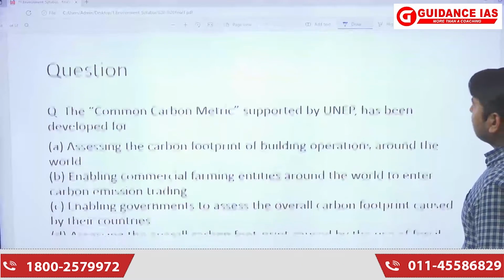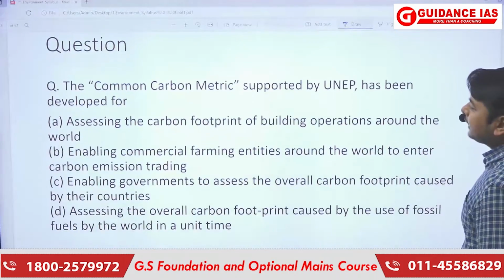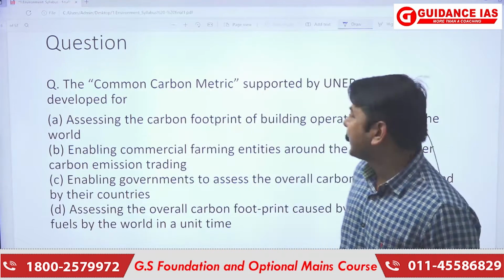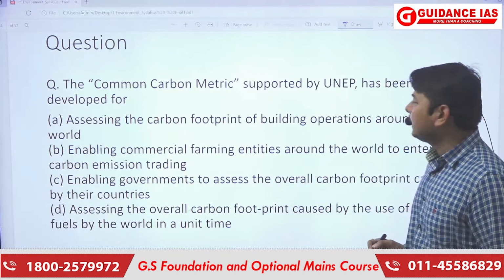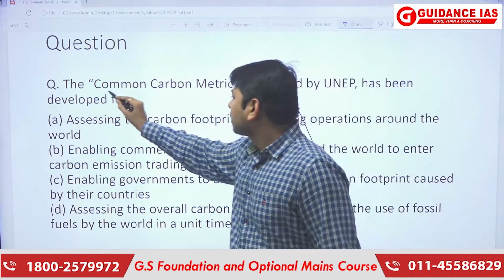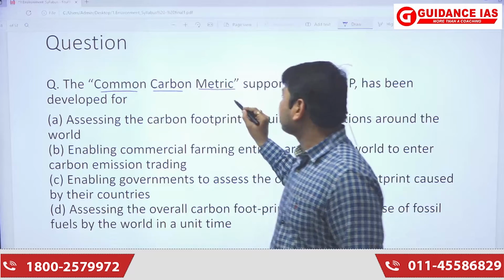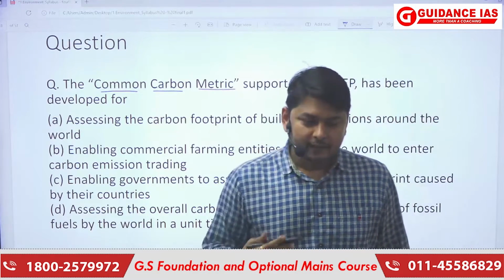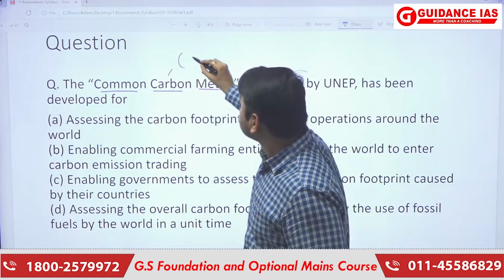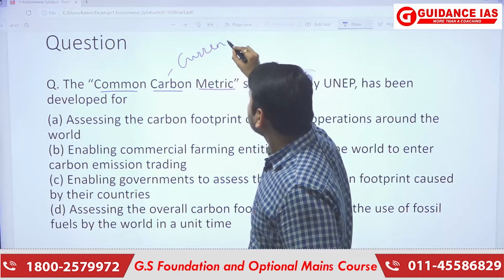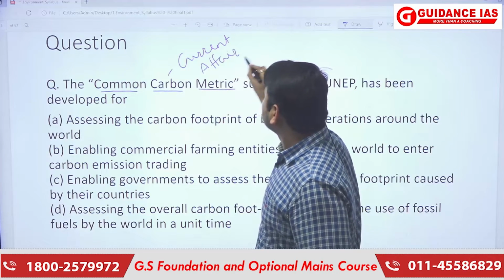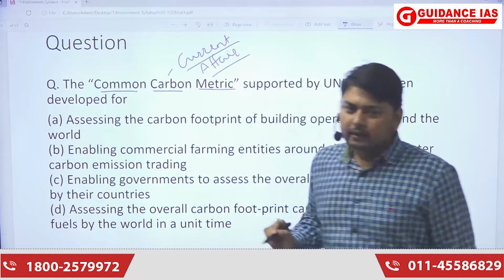So this is a 2021 question. The question is, the common carbon metric supported by the UNEP has been developed for, okay, common carbon metric. This was a current affairs question.